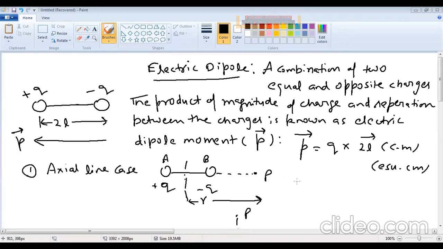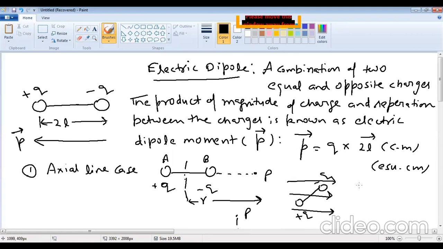For example, if you have a field present in the medium like this, and you have your dipole randomly placed like this.